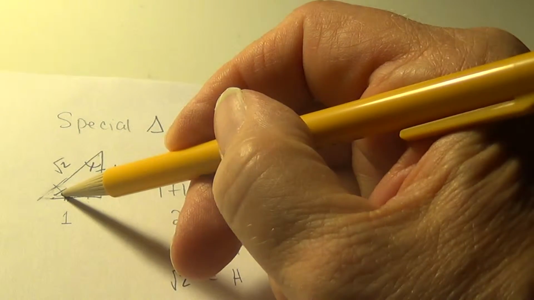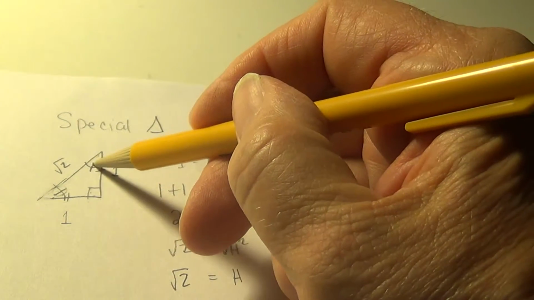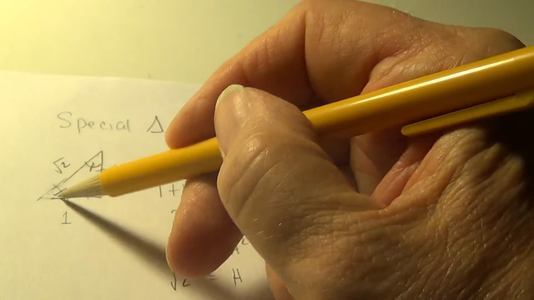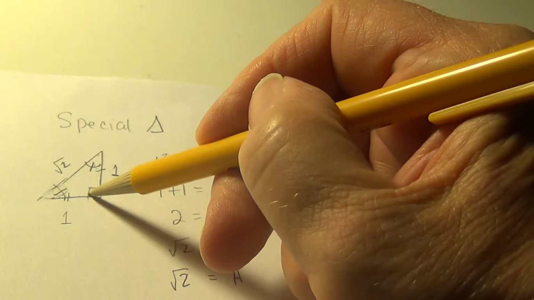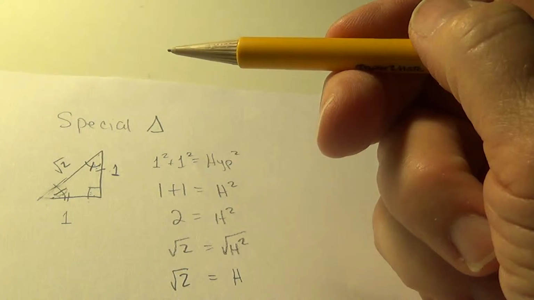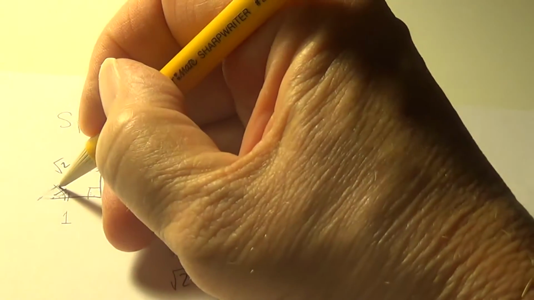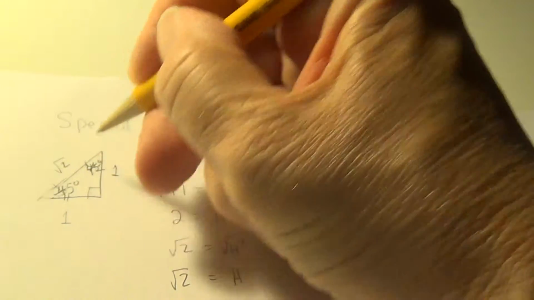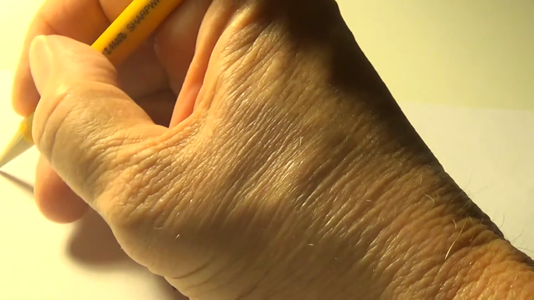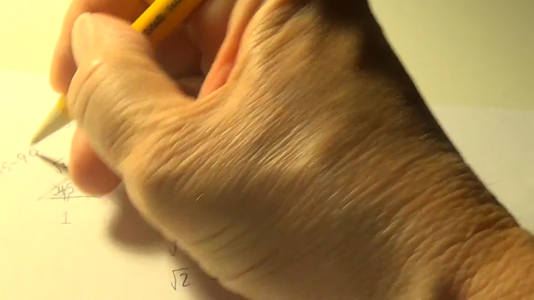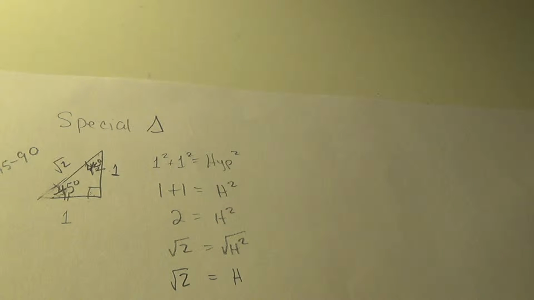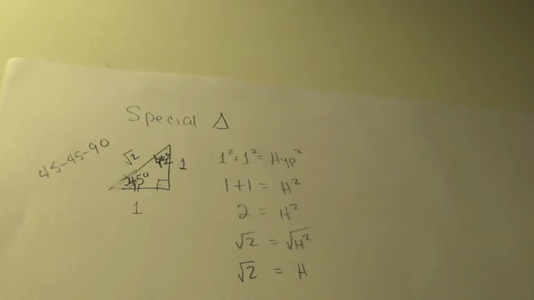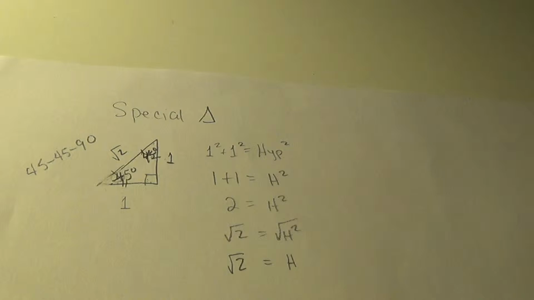So what number must this be if it's the same angle here, and these two identical numbers add up with 90 to give you 180? They must be 45. So this is a 45, 45, 90 triangle, a special triangle, and that's how we refer to it.